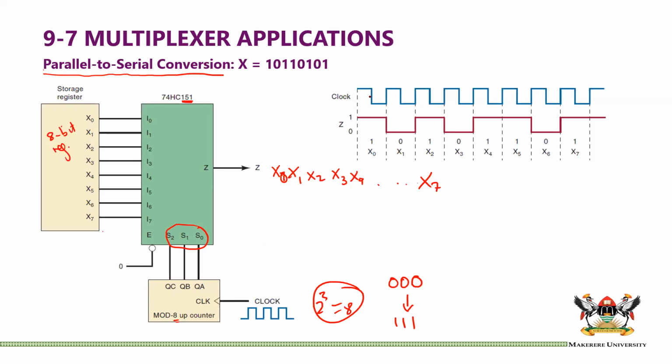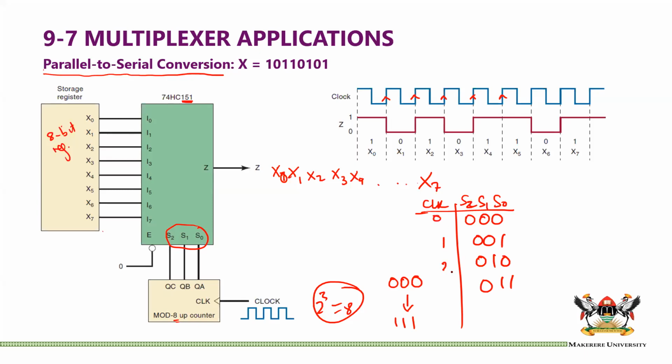And every time we clock, the clock signal is a PGT. Every time we clock, we change, so that 0, 0, 0, then 0, 0, 1, then 0, 1, 0, then 0, 1, 1. The clock here drives my S2, S1, S0.